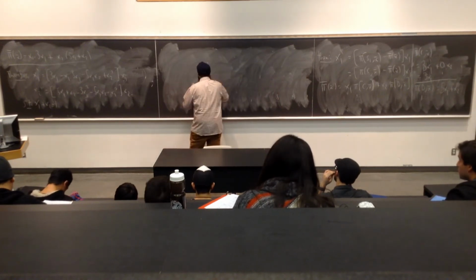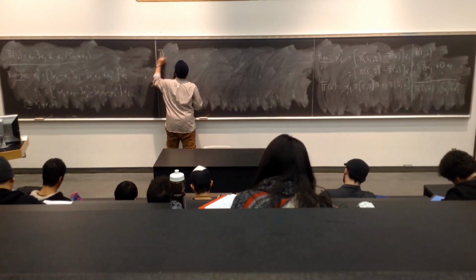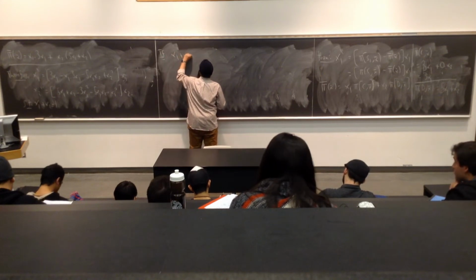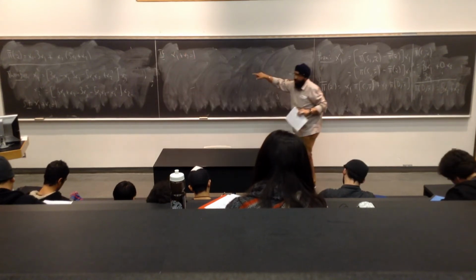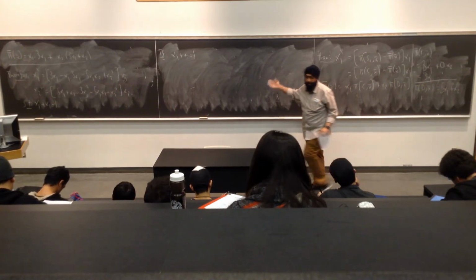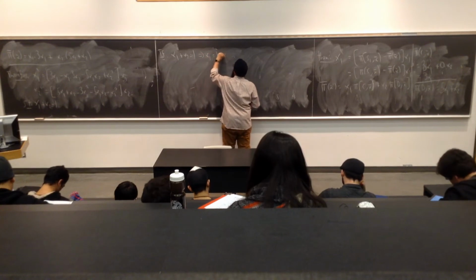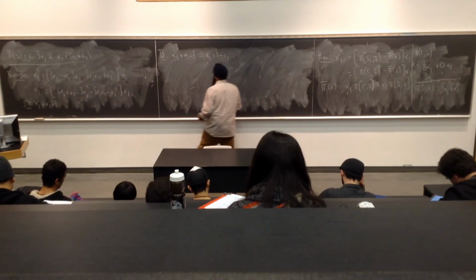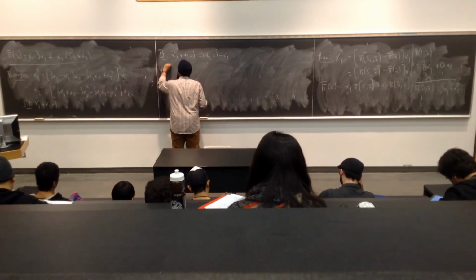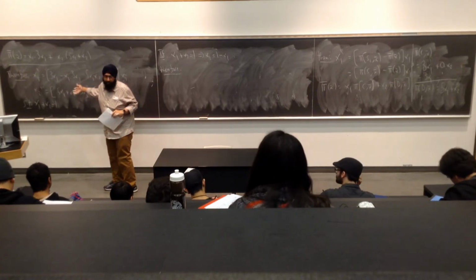Okay. Anyway, so if x1 plus x2 is equal to 1, I can eliminate one of the variables. It's up to you whether you want to work in x1 or x2. I'll choose x2. So this implies that x2 is equal to 1 minus x1. So then therefore, we can eliminate one of these equations.